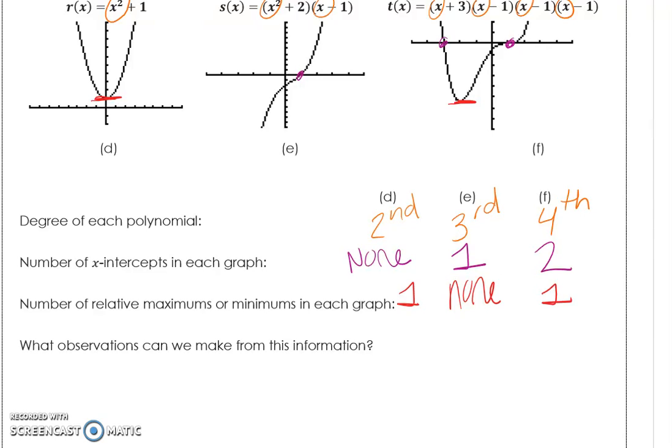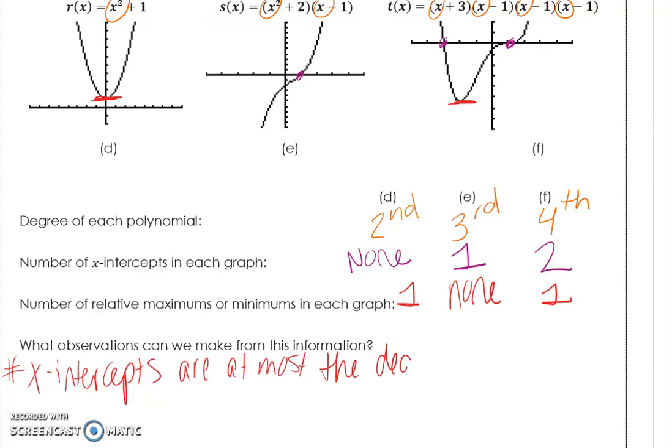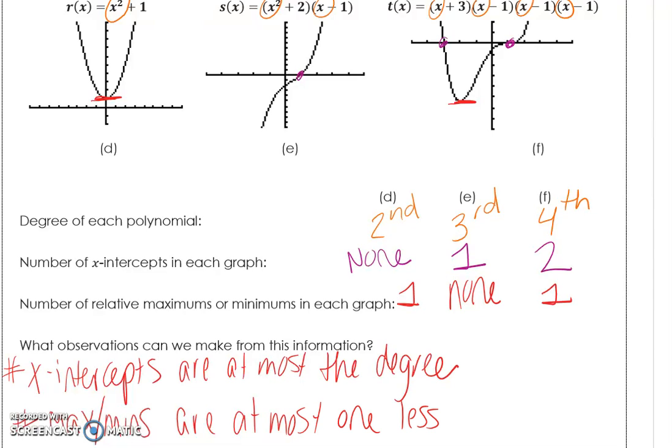So the main key idea here is that the number of x-intercepts are at most the degree, and the number of max mins are at most 1 less than the degree.